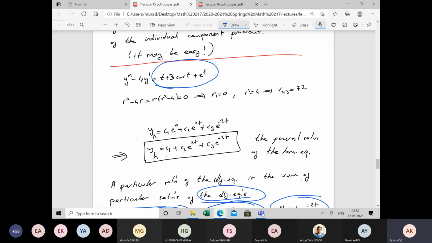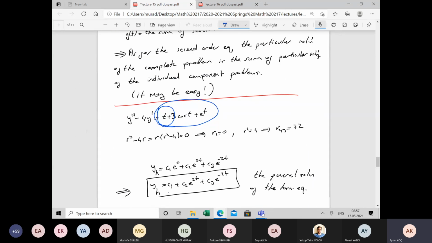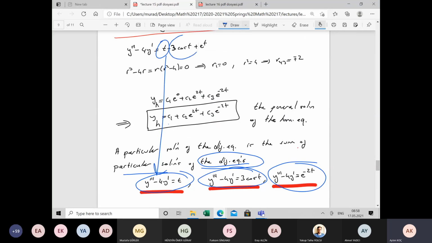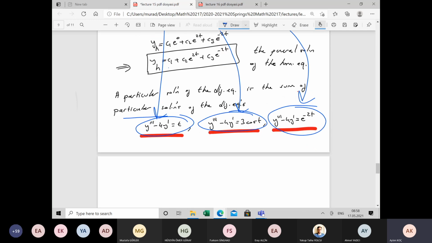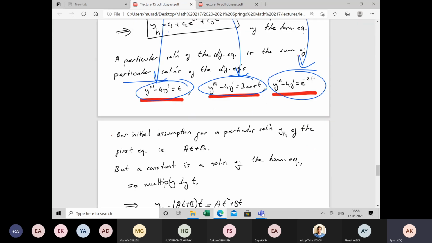The first term gives this differential equation, and the second term gives the second corresponding differential equation, the last one. It's okay. So let's consider the first differential equation. The right side is a polynomial.